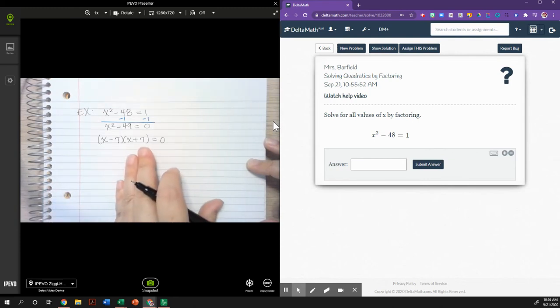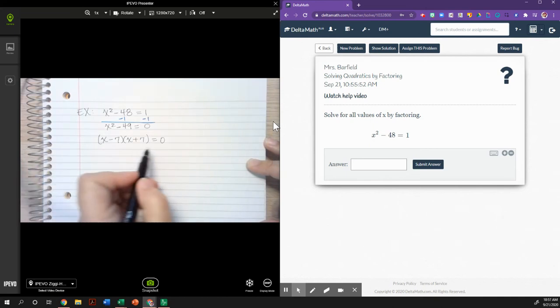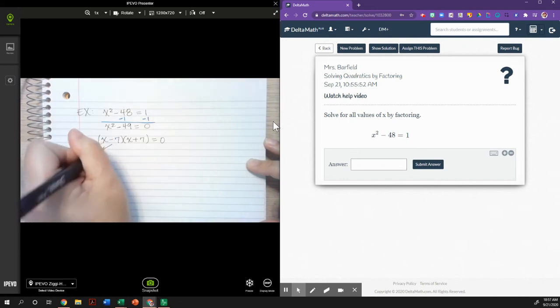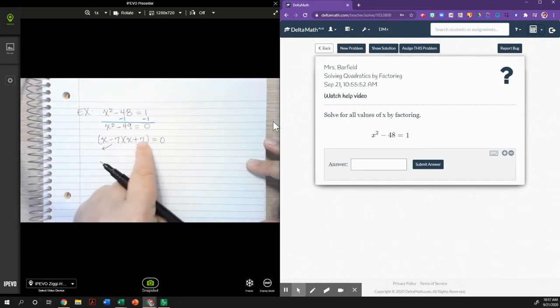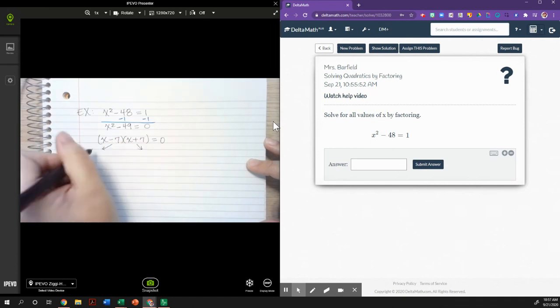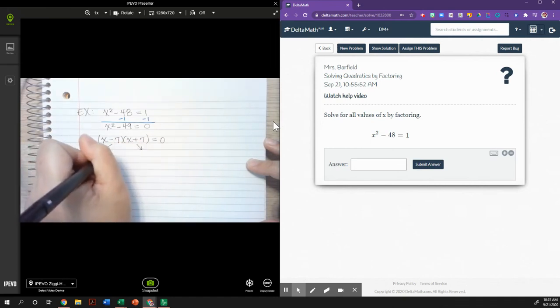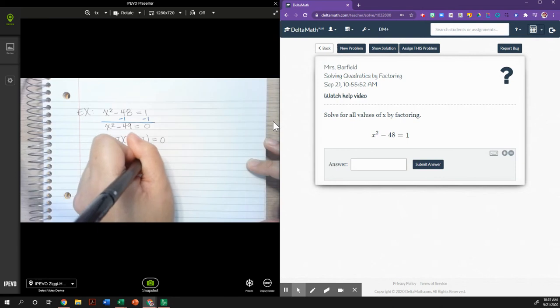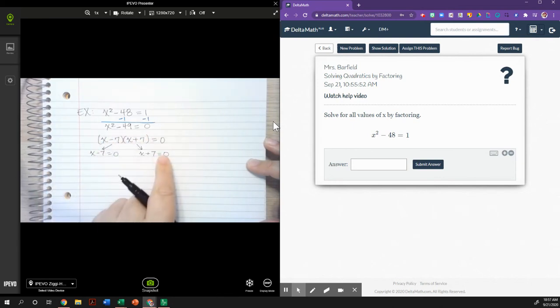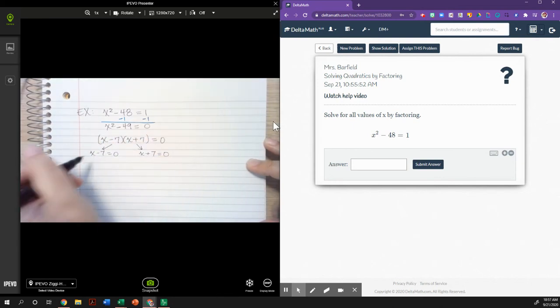Once you remember the pattern, you are welcome to skip this step. In order to solve, I have to take each factor, which is what's in parentheses, set them equal to 0, and solve for x.